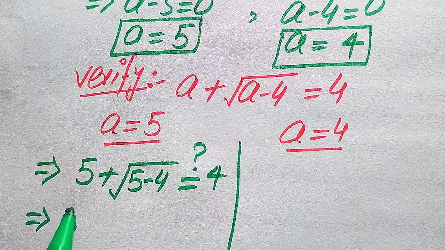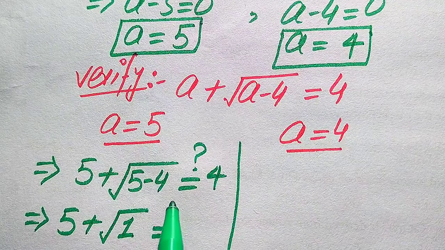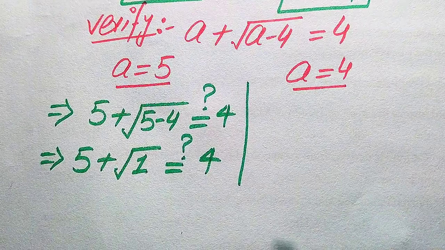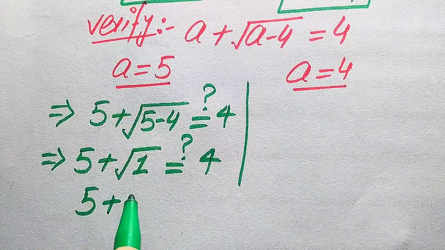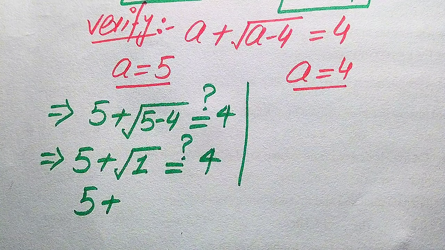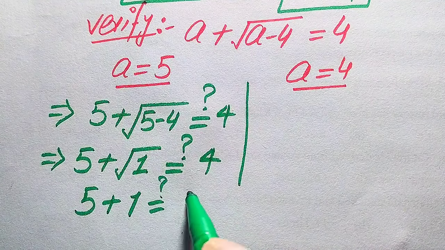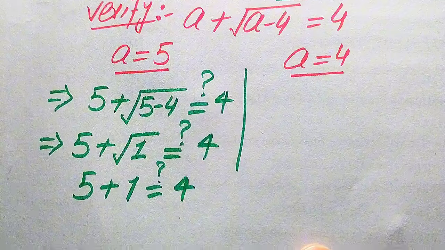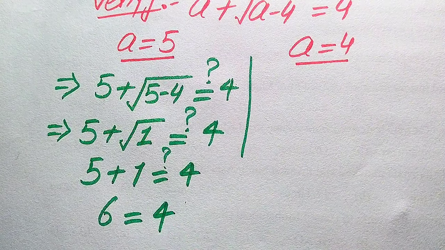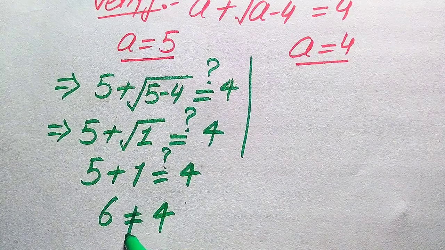Further, this is 5 plus square root of 1, and we know that the square root of 1 is equal to 1. You clearly see here 5 plus 1 becomes 6, and we can clearly conclude that 6 is not equal to 4.